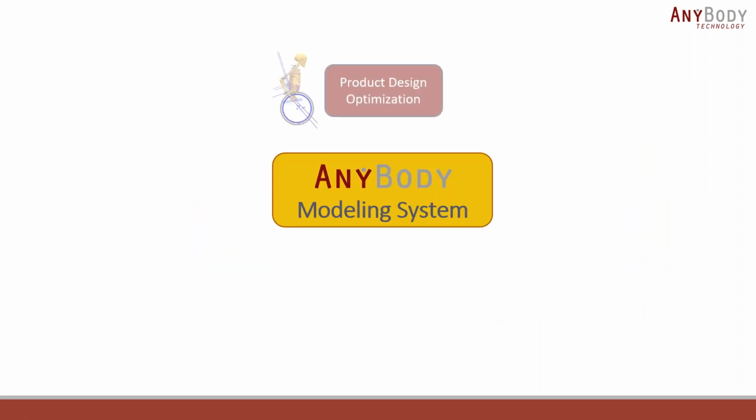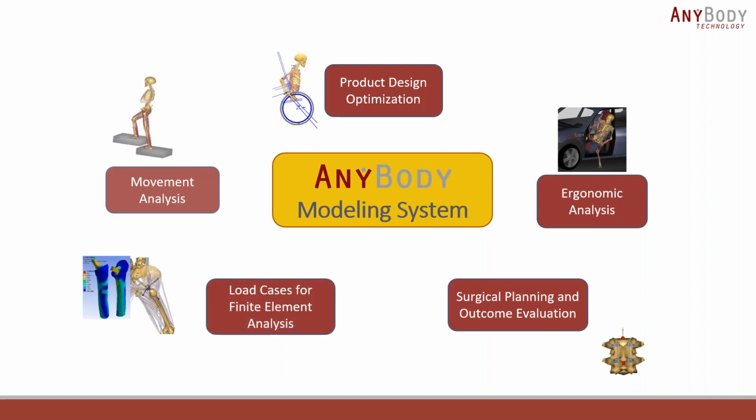The AnyBody modeling system can be applied in many fields. Whenever the problem is human-centered, the AnyBody modeling system can be applied. Quite traditionally, gait analysis can use a system like AnyBody.